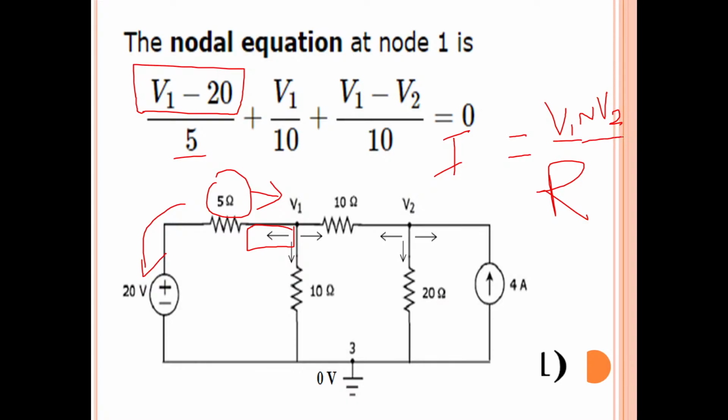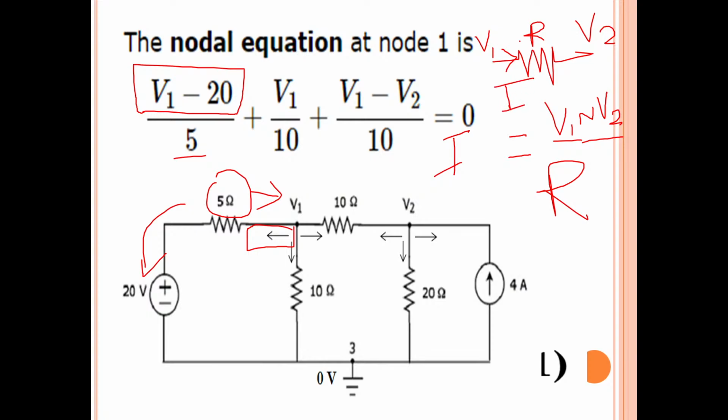If this is a resistor R, if this is V1 and this is V2, then what is I?